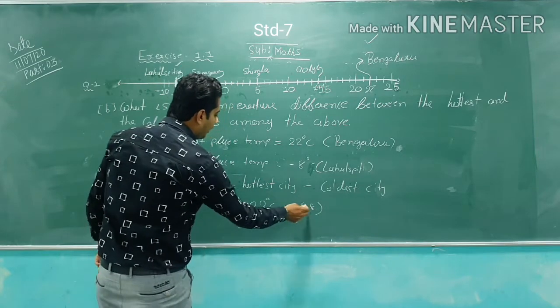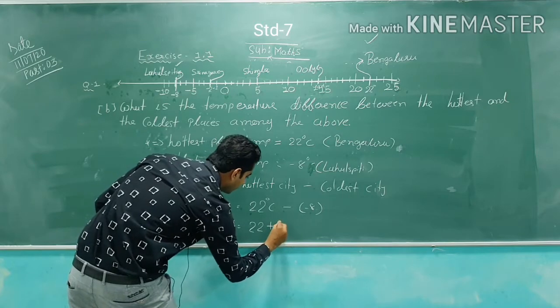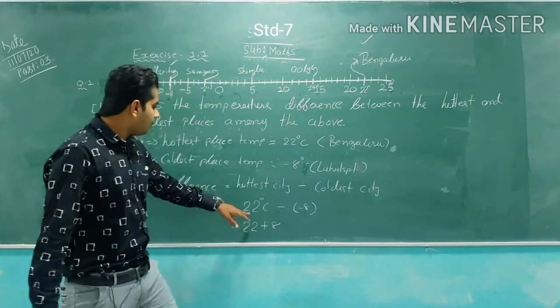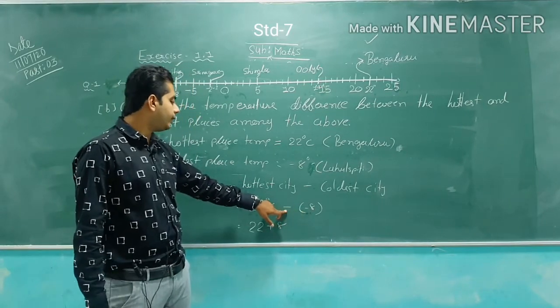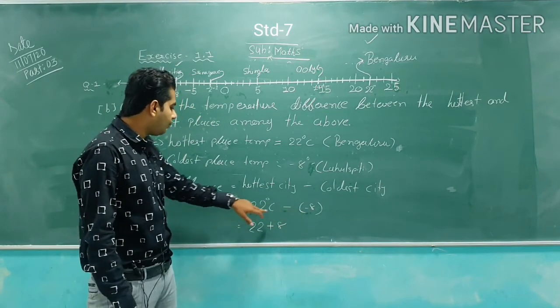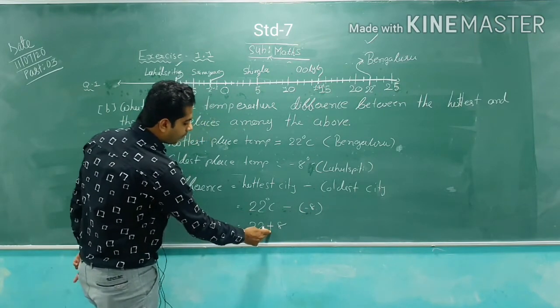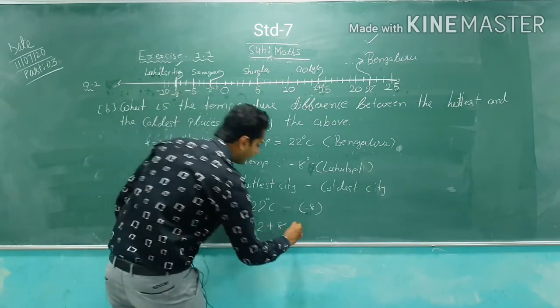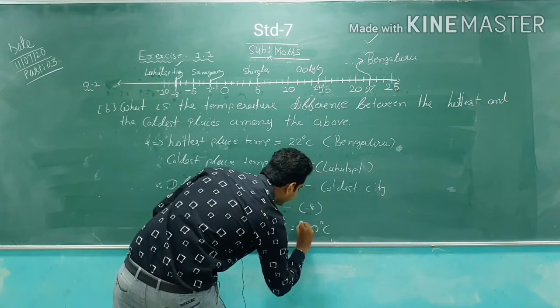So here minus minus is plus. I open the bracket and put the sign plus. Now 22 plus 8 is what? Is equal to 30 degrees Celsius.